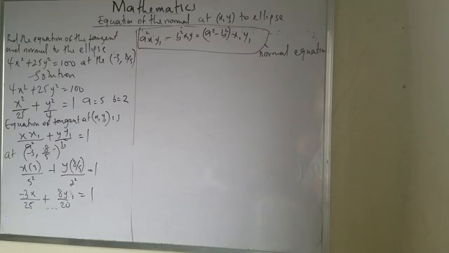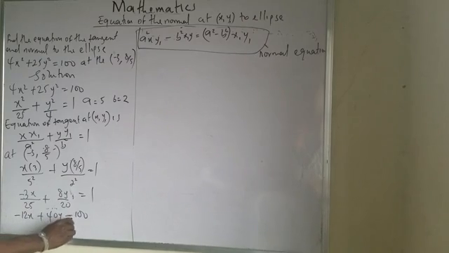That is what we are in need of. I can now say minus 12x plus 40y equals 100, which I'll be saying 10y minus 3x minus 25 equals 100. That is the equation that I'm looking for.